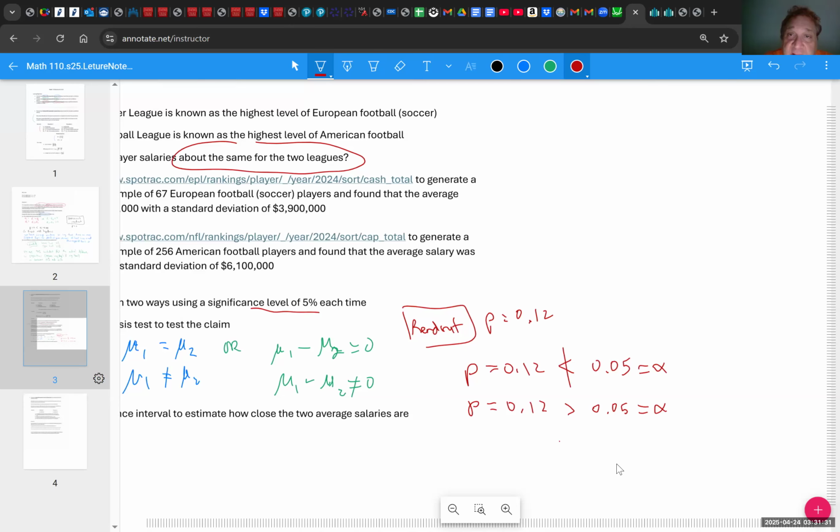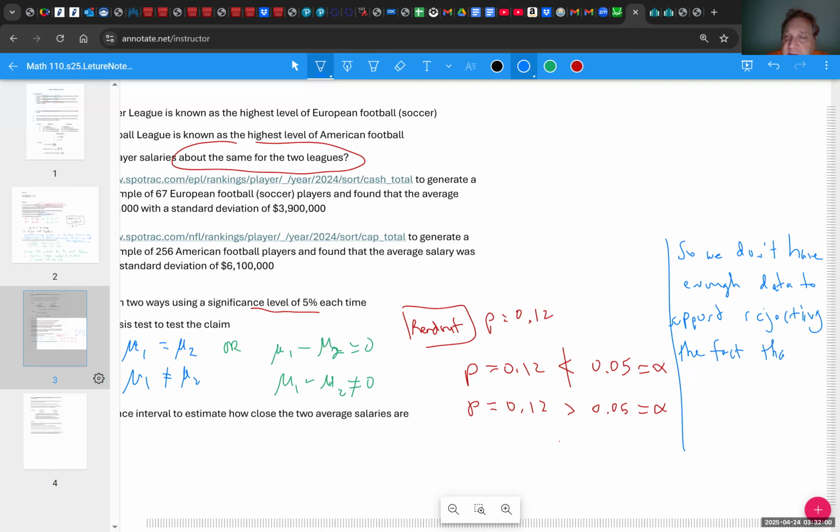So what we basically say, and I'm going to write it up here, is: we don't have enough data to support rejecting the fact that the Premier League players' mean salary is the same as the NFL ones.